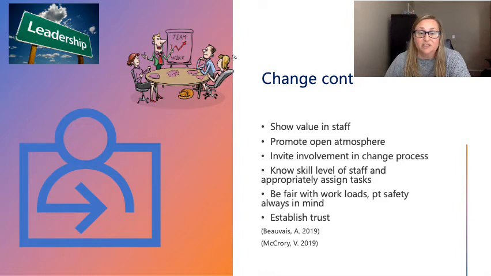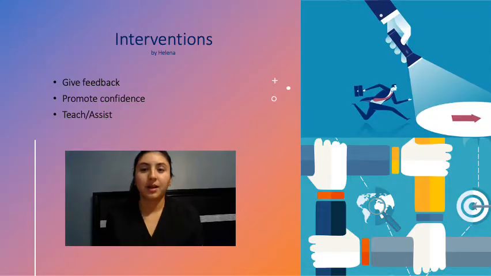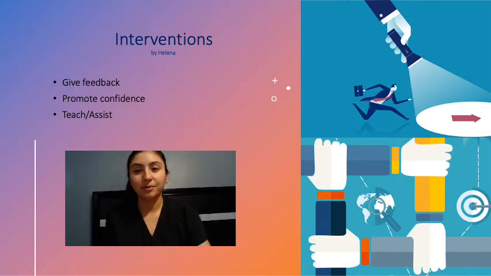So now let's discuss the interventions that can assist making these changes that are necessary to promote effective delegation and supervision. Essential interventions for effective delegation and supervision include knowledge of the delegatee's skill level.